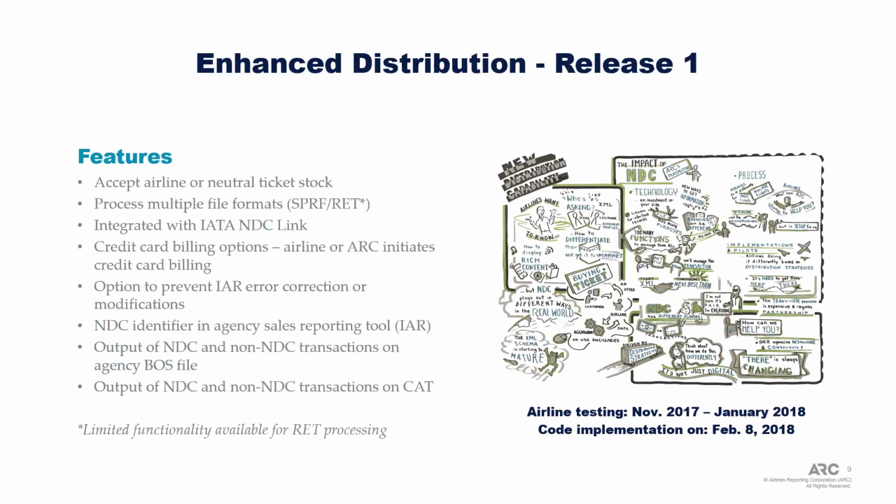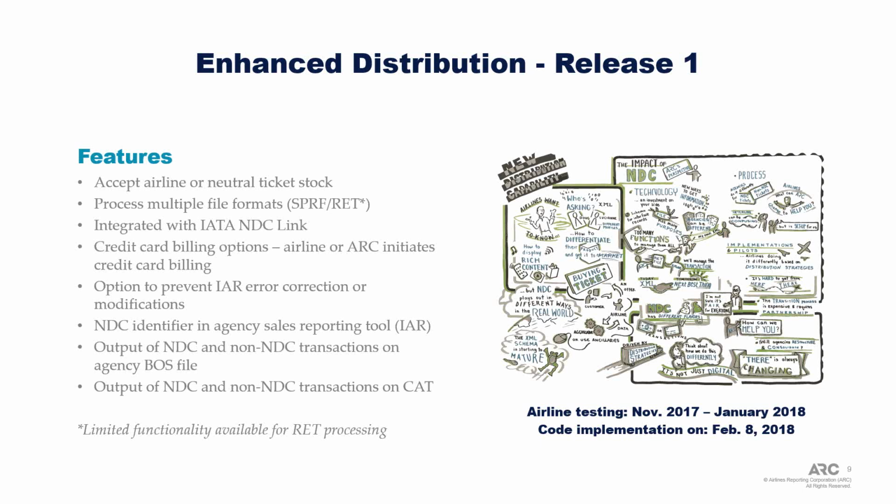In exchanges today in the ARC world, we actually get a lot of the old coupon document information sent to us on the SPRF, the System Provider Reporting File. And we have a lot of edits in our processing that look for old coupons and amounts and compare them to a database that we have.